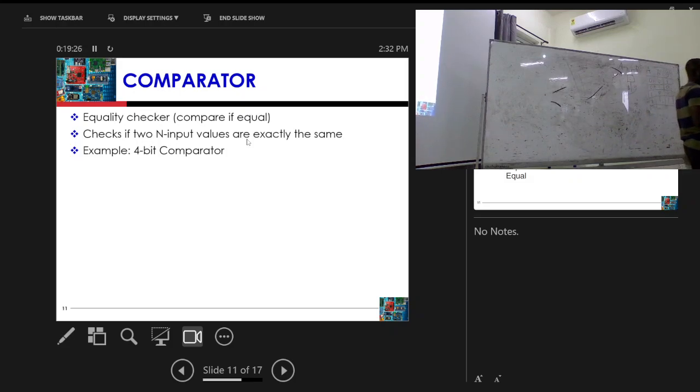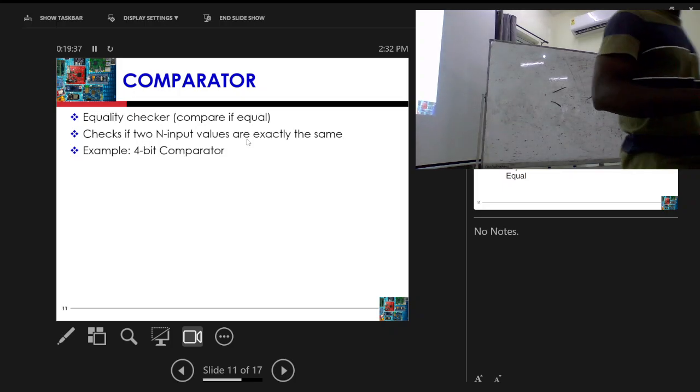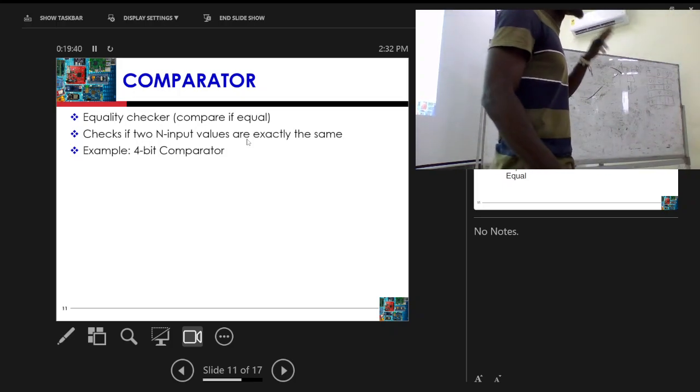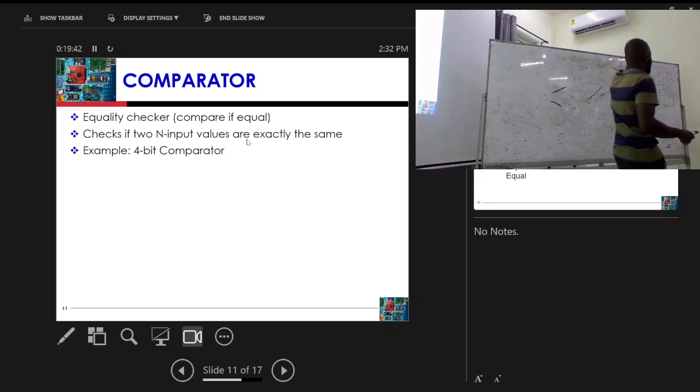As easy as that. So which gate do I use to achieve this? We are not going into the internal architecture now. What gate can I use to construct this?